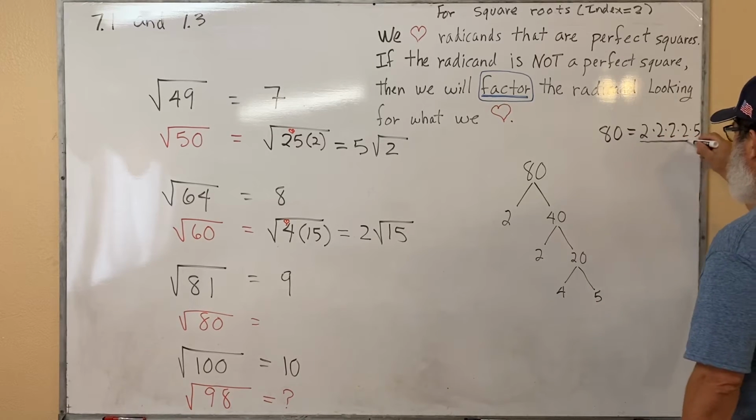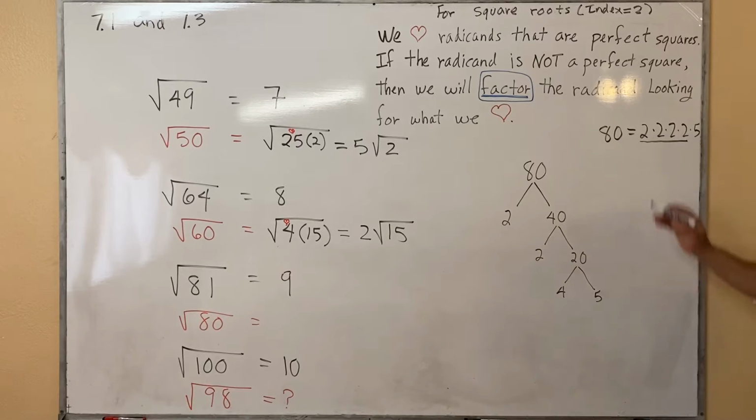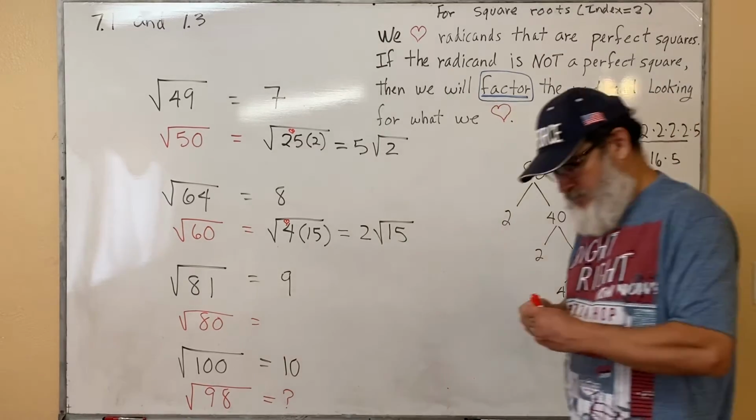You see this? That's a perfect square because that's 4 times 4. That's 16 times 5. That's 80. But you love the 16. The 5 you don't care for, but it's not your fault. It's just part of the problem. Don't blame yourself for it, okay?